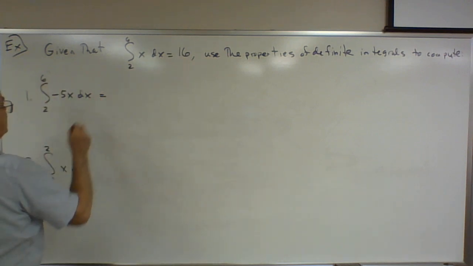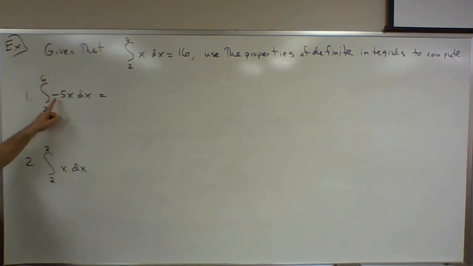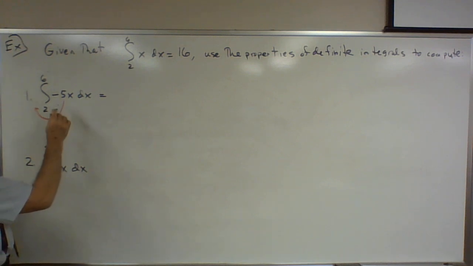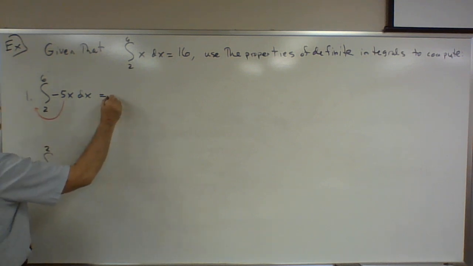And by the properties of definite integrals, if you have the integral of a constant times a function, we can bring that constant right out in front. Let me do that again. There, that's wonderful. Bring that constant right out in front. That's one of the properties of definite integrals.